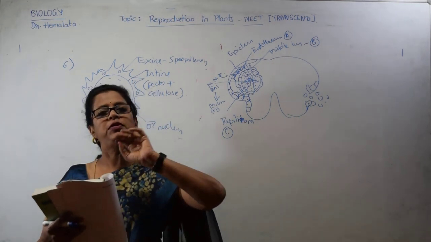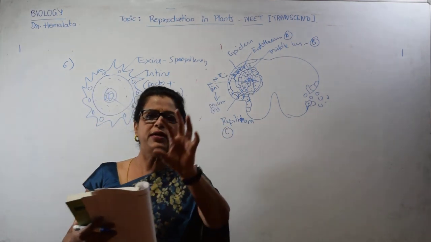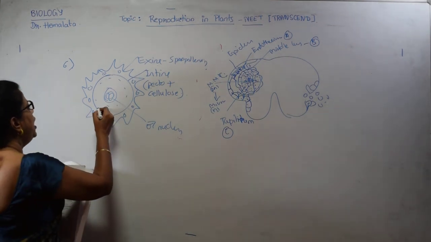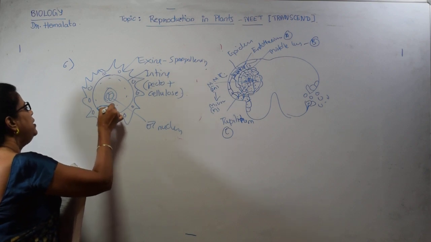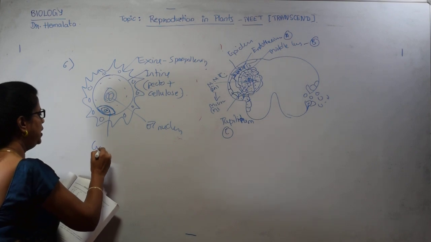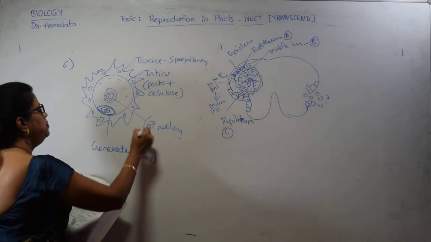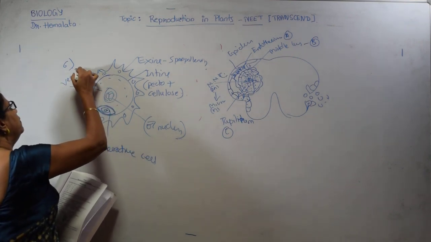Whenever the divisions of the pollen grain take place, the pollen grain is released at the 2 cell stage. The first division is like this. The smaller cell is actually called a generative cell. This main nucleus is dividing, and the bigger one is called the vegetative cell.